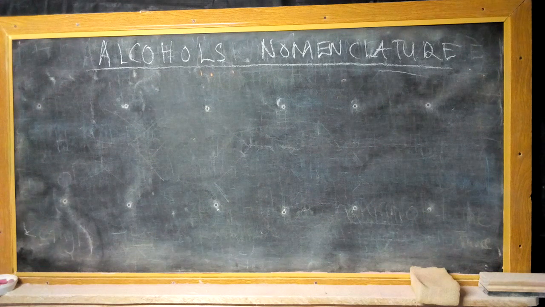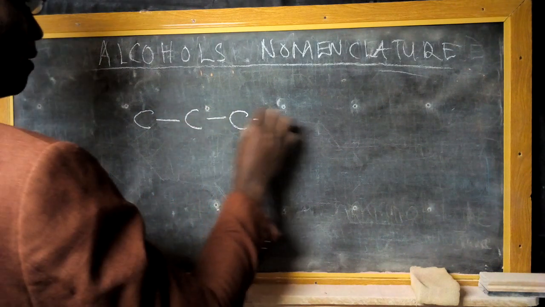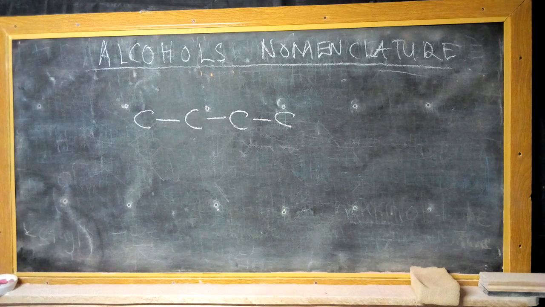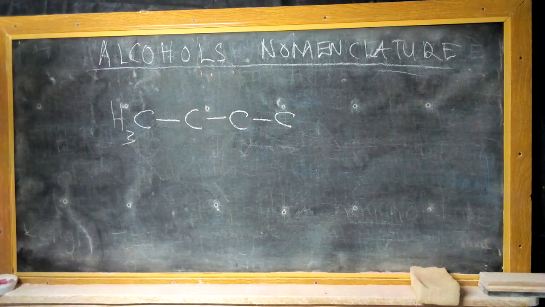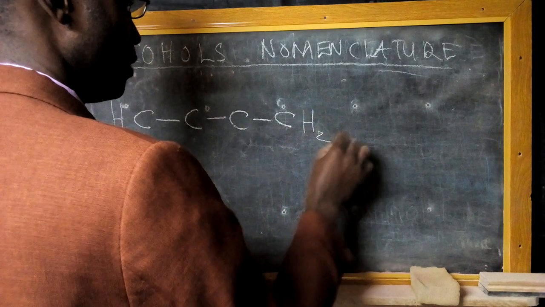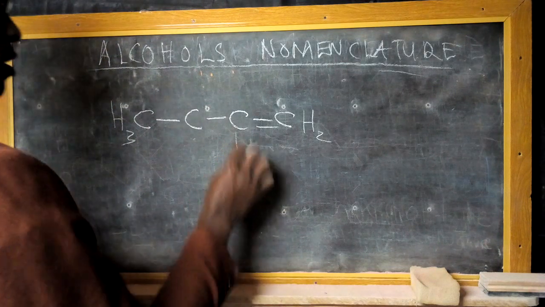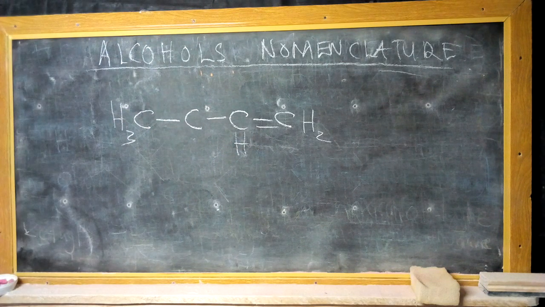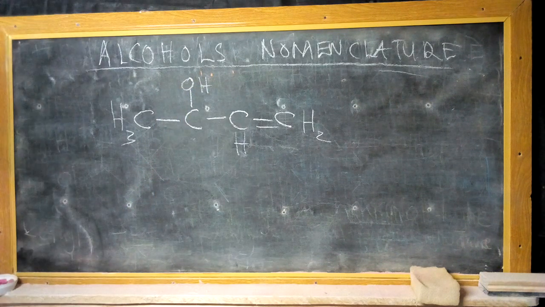which is not cyclic, of course, which is C, C, C, C. We have a CH3 group, CH2 is a double bond there, CH, and then there's an OH group at that particular point.